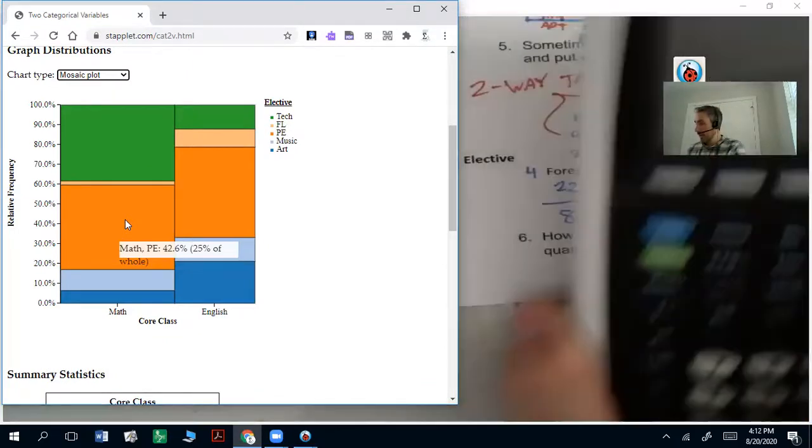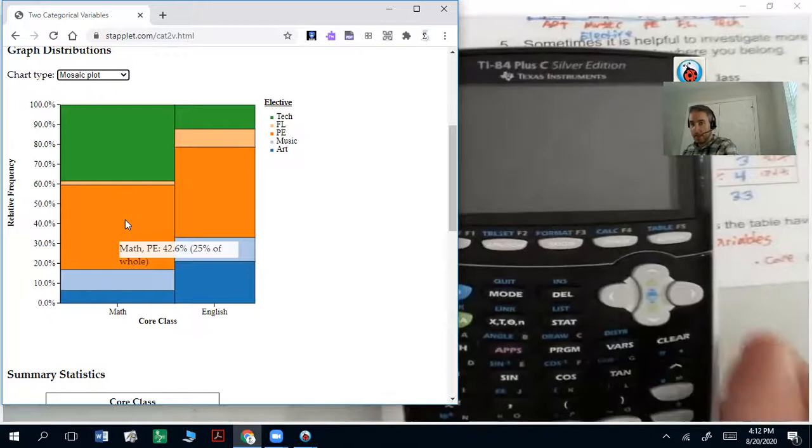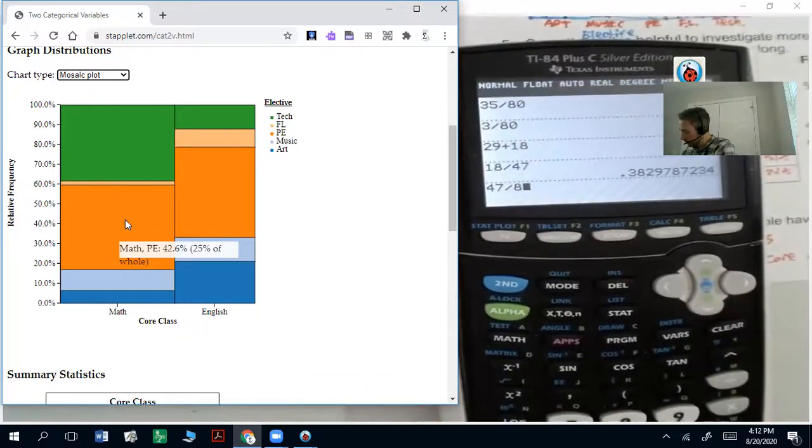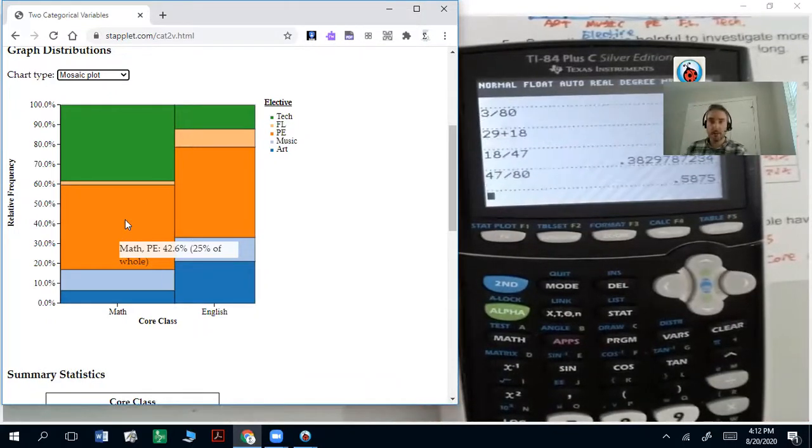If you divide 47 divided by 80, you're going to get 58.75%. You're going to get more than half of that overall total of people because more people in this particular survey liked math. So a mosaic plot accounts for that.